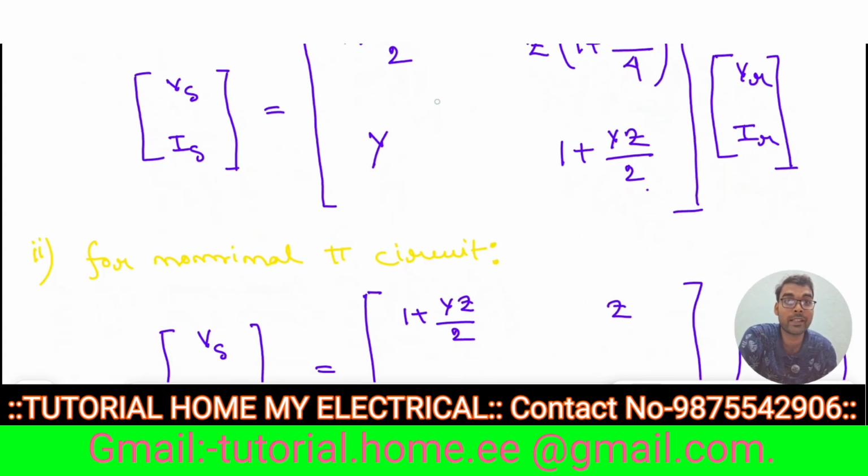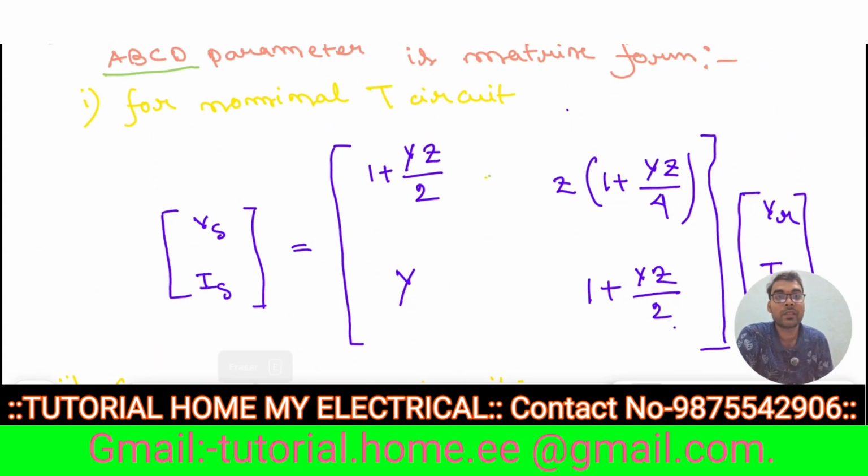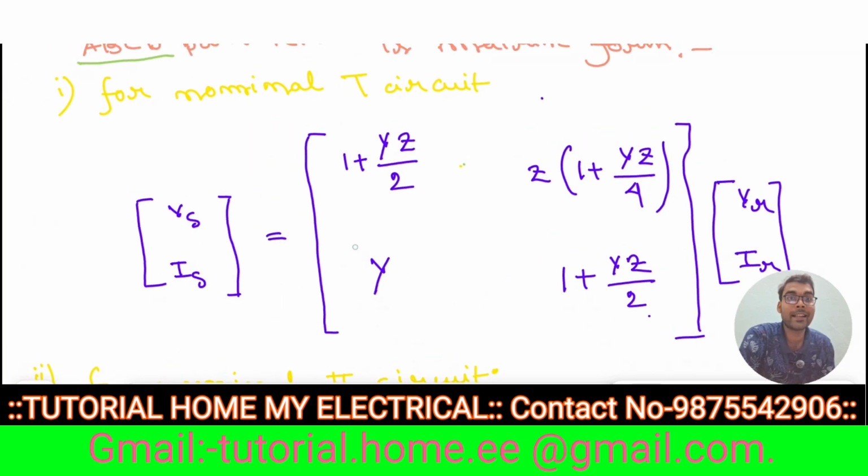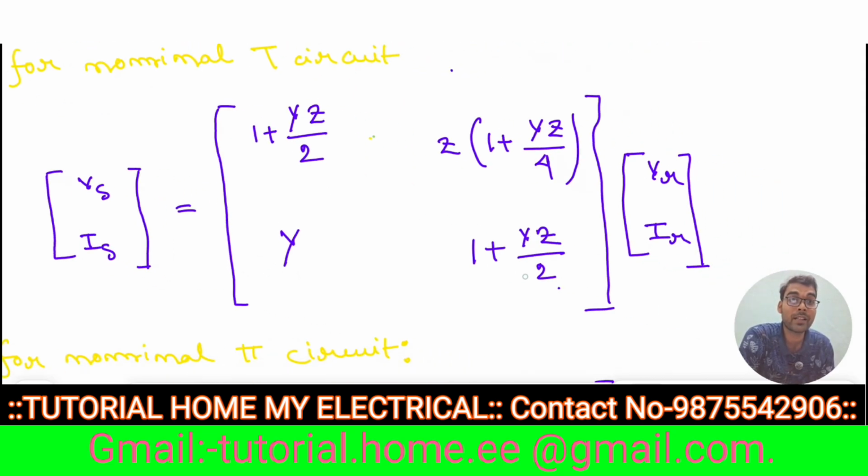For nominal T circuit, A is 1 plus YZ by 2, B is Z into 1 plus YZ by 4, C is Y, and D is 1 plus YZ by 2, where Y is admittance of transmission line.